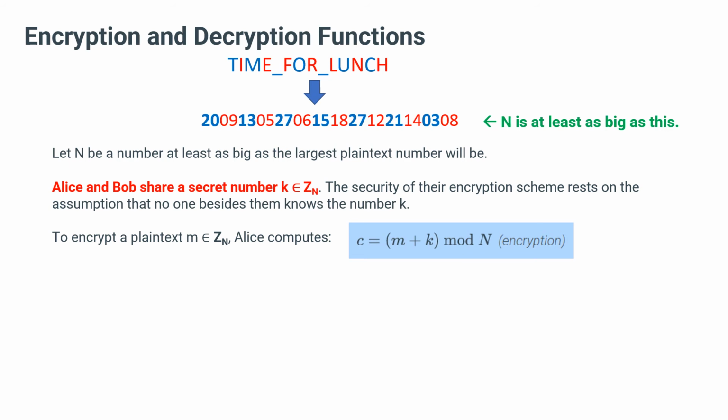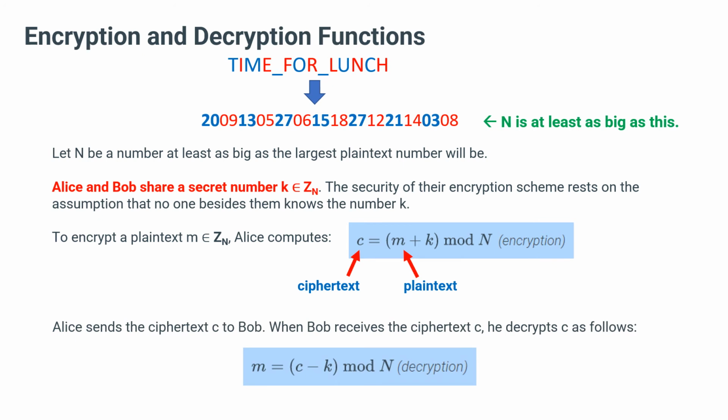And then add those together, take mod N, and that gives Alice a new number called C. M, as I said, was our plain text. That's before encryption. The number we get for C after adding the K and then taking mod N, that's called C, and that would be our ciphertext.